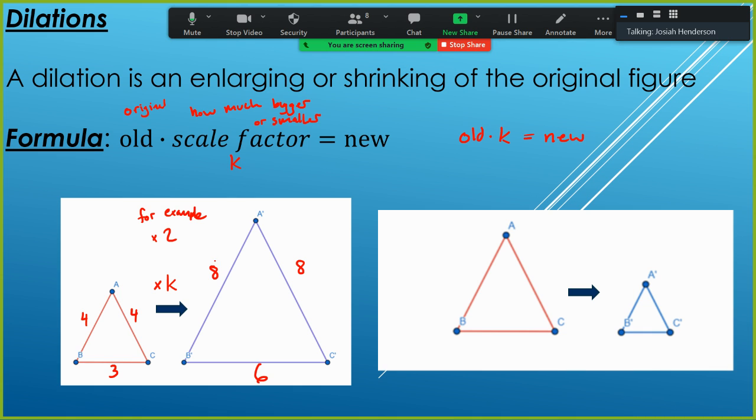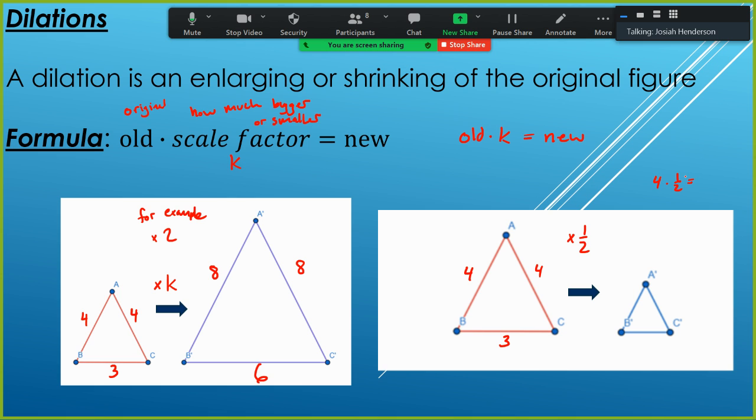And we can see the same thing happen, but going smaller. So if I start with my red triangle here, and let's say it's the same triangle, so 4, 4, and 3. But this time my K is a fraction in between 0 and 1. So maybe we multiplied it by a half. So now it's going to take all those original sides and multiply them by a half. So 4 times a half.